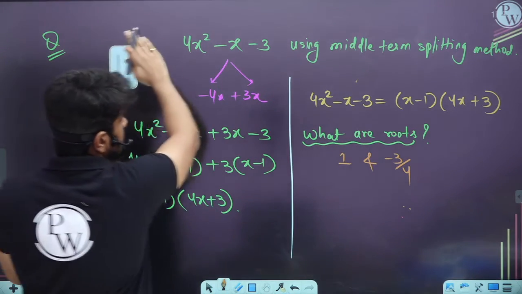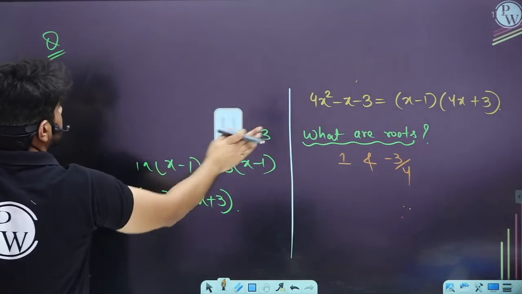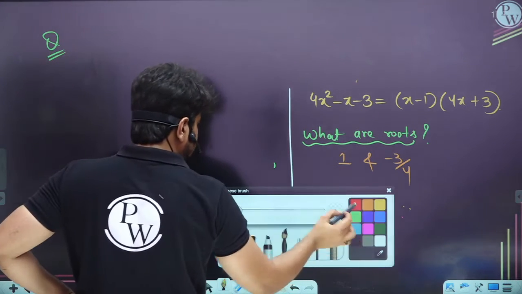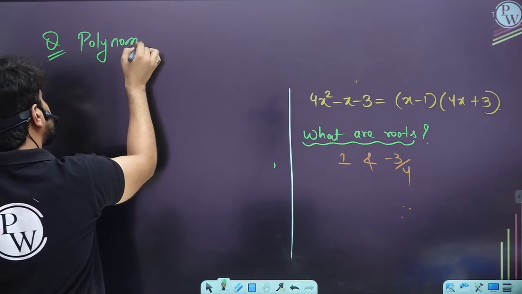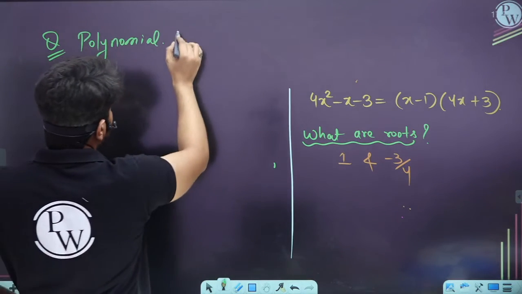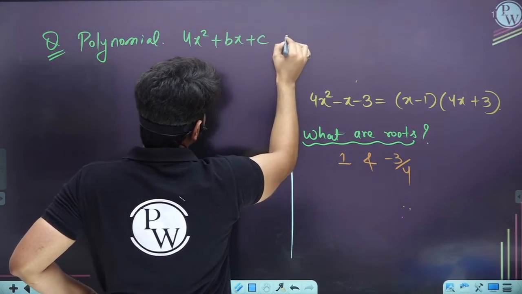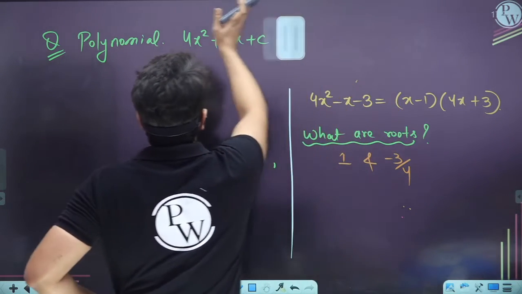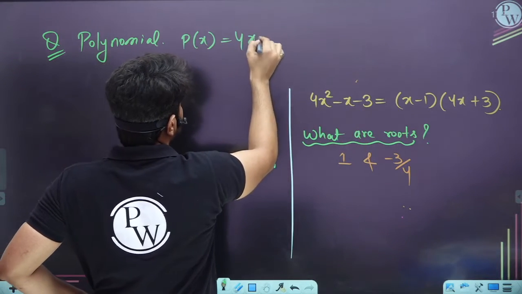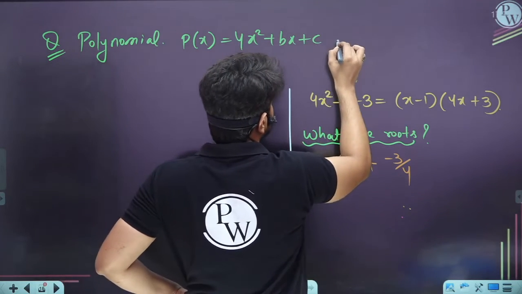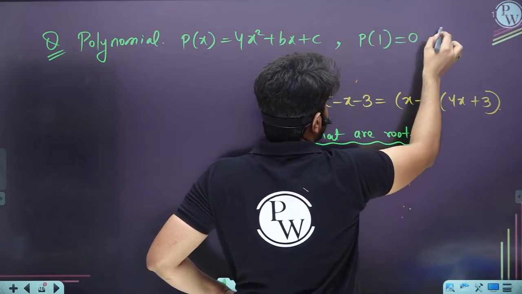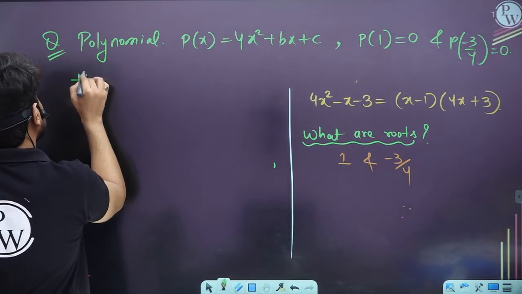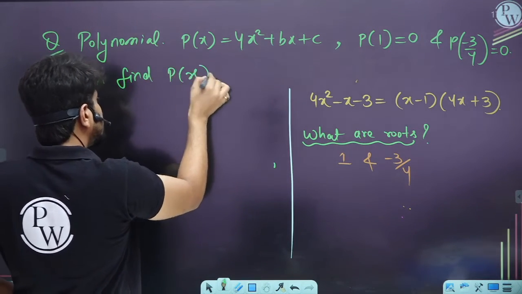The polynomial p(x) is equal to 4x square plus bx plus c, and p of 1 is 0 and p of minus 3 by 4 is 0. Then find p(x). You get the question?